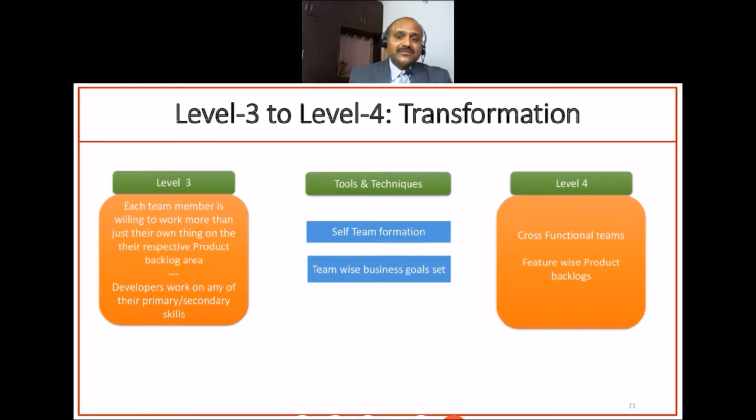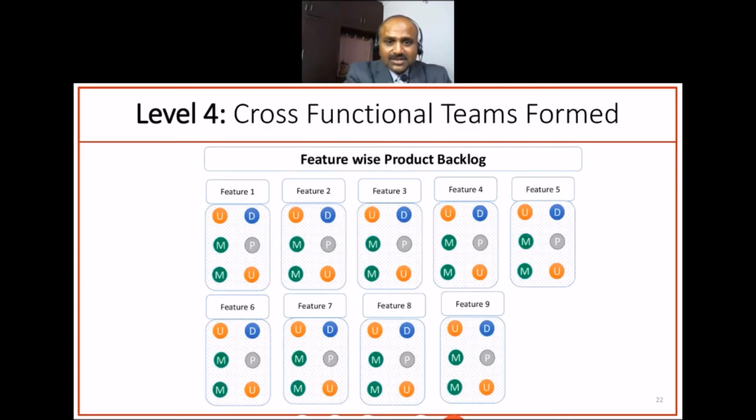This is where we form cross-functional teams. Earlier, our product backlog was split across UX, database, middle layer, hardware, packaging, and networking. Now it is not like that. It's basically feature 1, feature 2, feature 3; we split the product backlog product-area wise, so that on each feature or each area, each team has representation from all skill sets. Remember, a cross-functional team has every skill set needed.